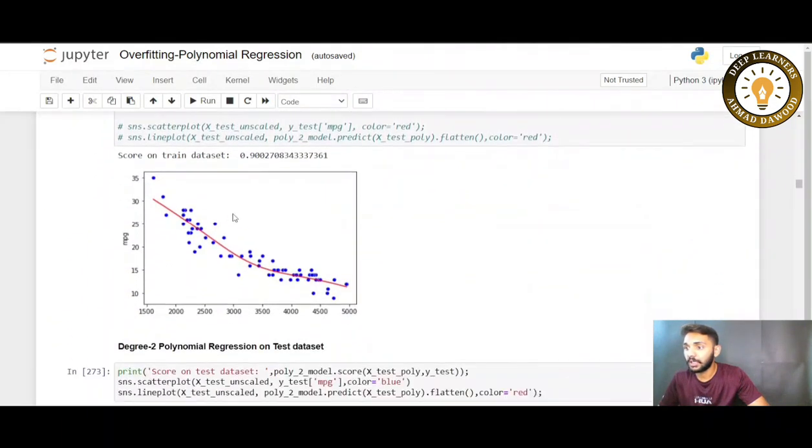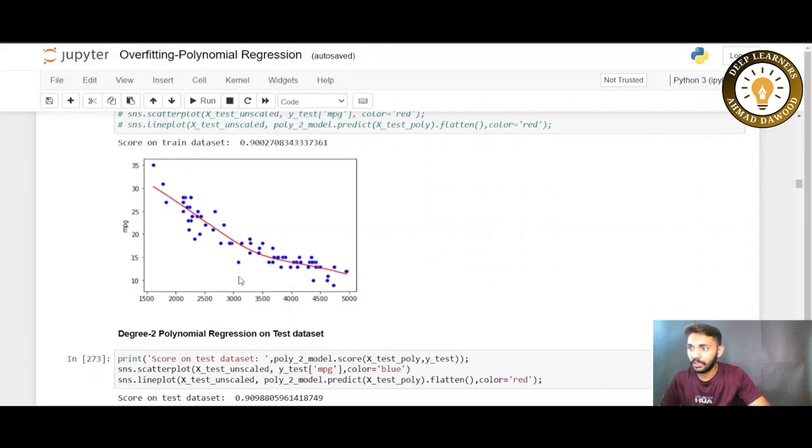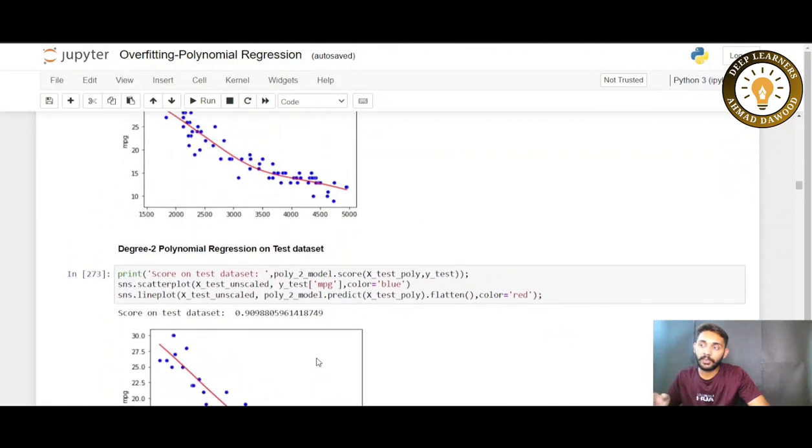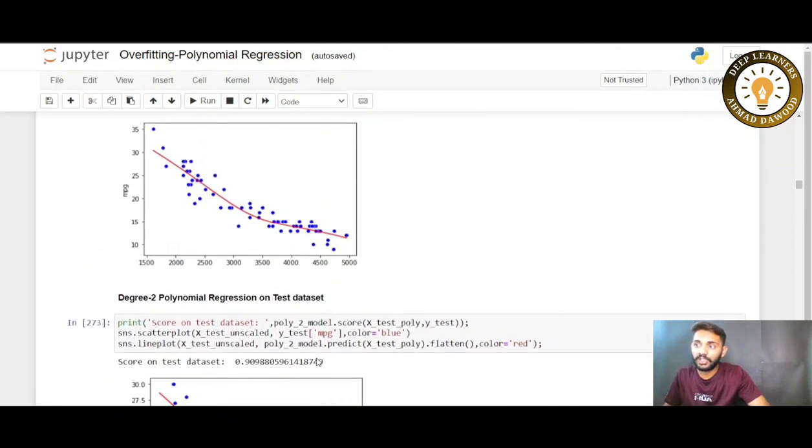If we see the model on the training data points, it is not linear, it is some sort of non-linear. Here you can see, and the model on the test data points. You can see here, when we give more power to the model, and the model becomes non-linear, it can more properly get the patterns of the data and can generalize the trend of the data.